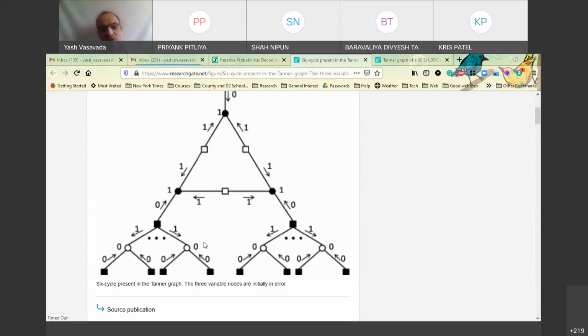And the reason why it expands is because we are doing iterations. In the first iteration, the messages are being passed only between the nodes that are connected to each other on that Tanner graph.